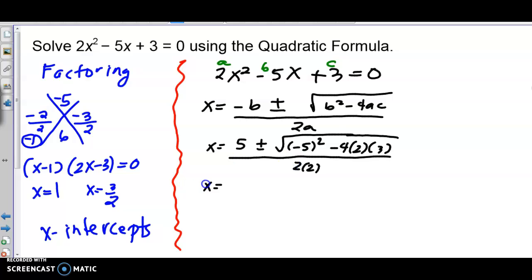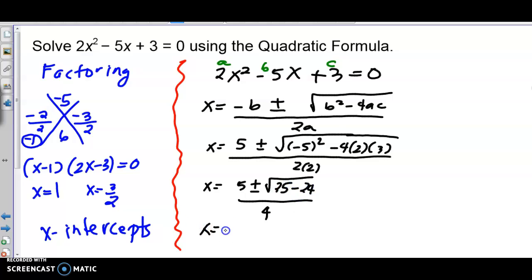So simplifying further, we get 5 plus or minus root of negative 5 squared is 25, minus 4 times 2 is 8 times 3 is 24. Now take note that this is the same result that we got when we computed for the discriminant. And then 2 times 2 is 4. So this quantity here inside the radical is actually the discriminant.